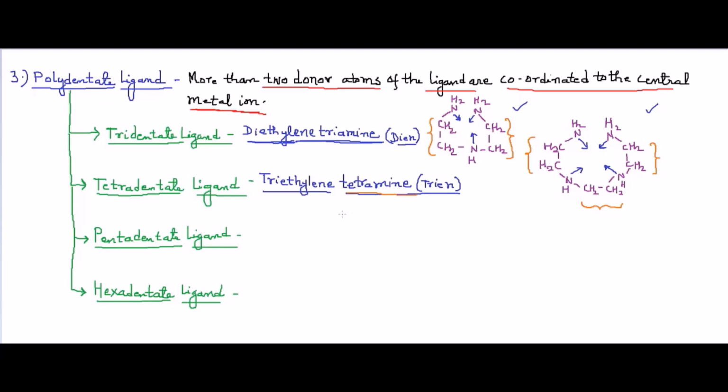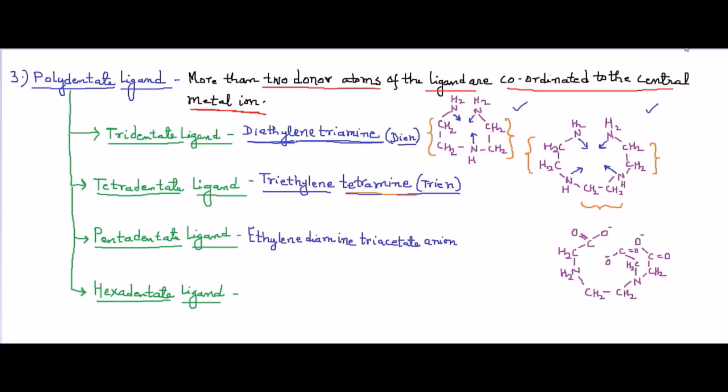So now let's move on to another example for the pentadentate ligand. The example for the pentadentate ligand, as I have written here, is the molecule ethylene diamine triacetate anion. That means it is an ethylene diamine. We have one ethylene fragment, CH2.